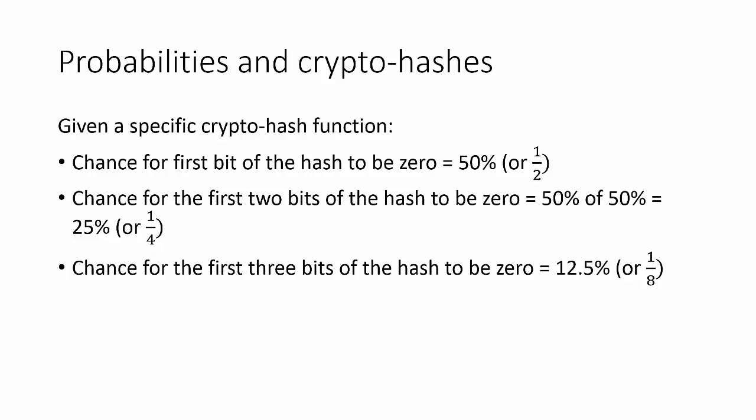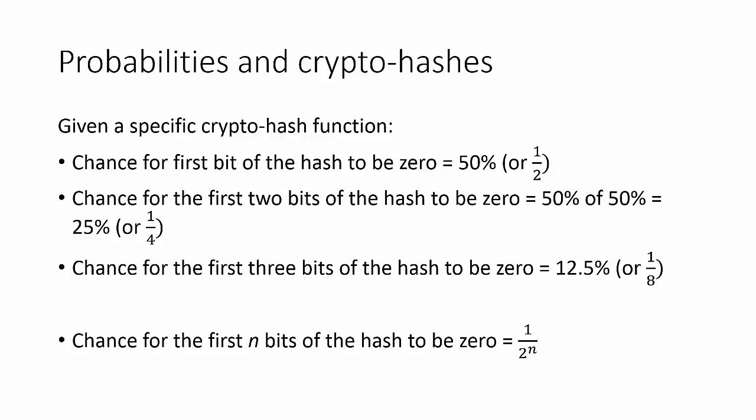In general, we can find the probability that the first n bits are 0 as 1 divided by 2 to the power n. For 10 0 bits, this means 1 divided by 2 to the power 10, or 1 divided by 1024. So the probability that the first 10 bits are 0 is almost 1 in every 1,000.